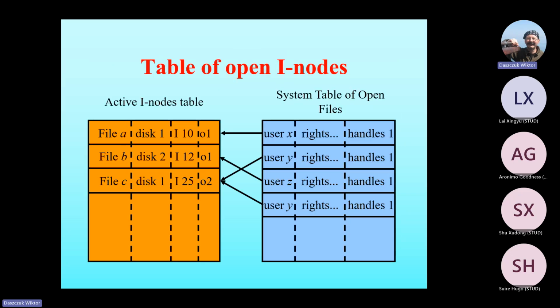First, let's look how left-hand table cooperates. Every file that is mentioned somehow in operating system, so it is root directory or a program started to run or file opened, its inode is loaded to this table.